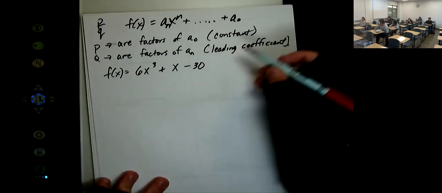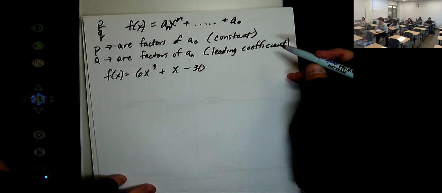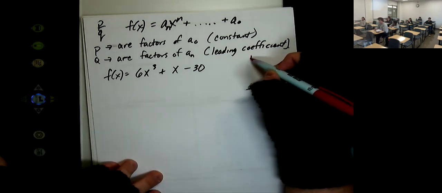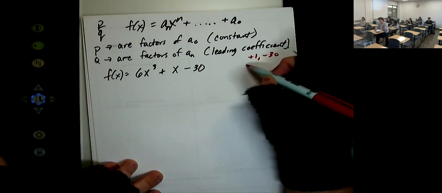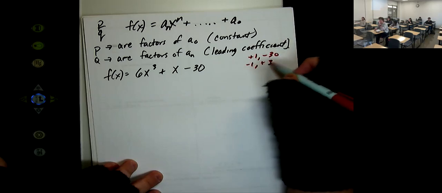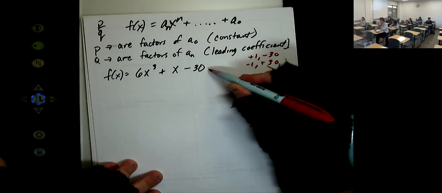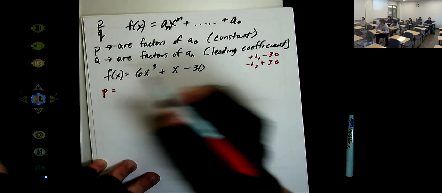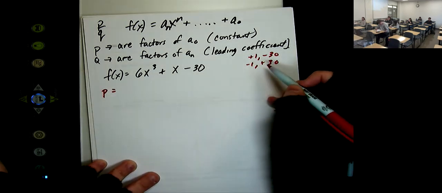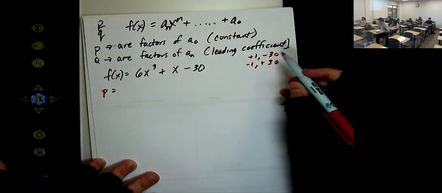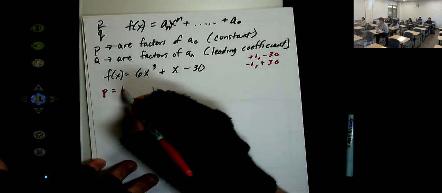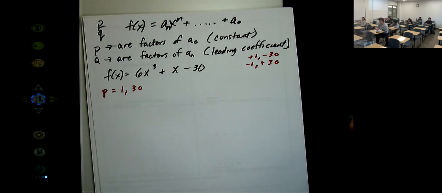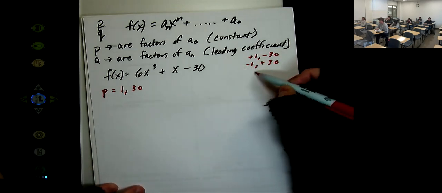The reason why we do the plus and minus of everything is, like for the -30, I could do +1 and -30, or I could do -1 and +30, and they both multiply to that, which means they're both factors of that. So I tend to do them like that. If it helps, do them in that order to begin with, so just start with the first and the last number, then try, does 2 go into it?